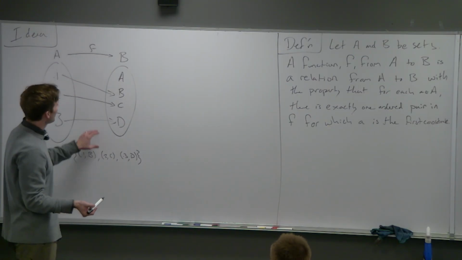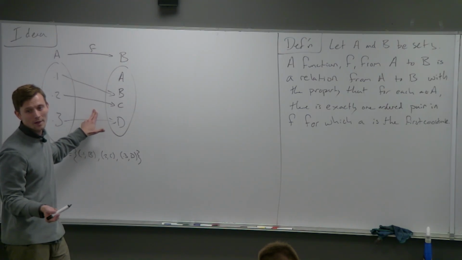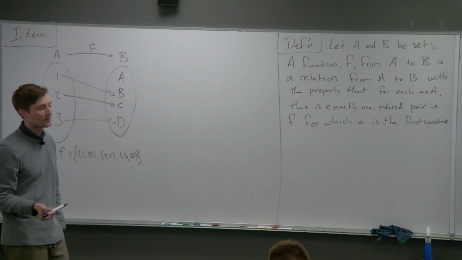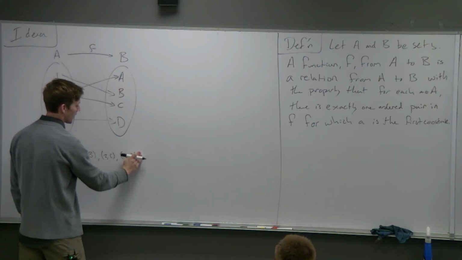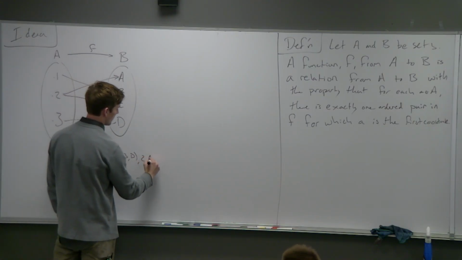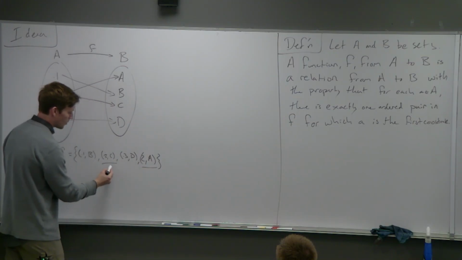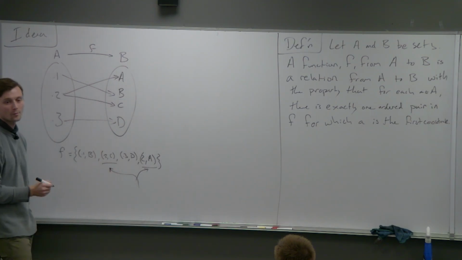Okay, now how could we make this not a function? What could you do? Tell me an arrow you could draw to make it not a function, just to make sure we all got it down. From 2 to B? Yeah, let's take 2 to A. Okay, if we did this, then this would be bad, since I would have 2 as the first coordinate more than once.